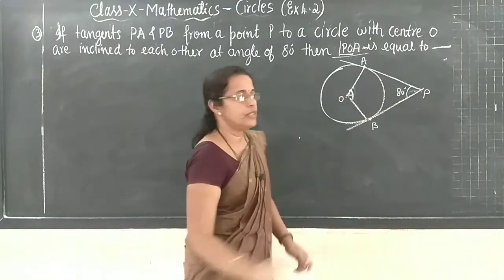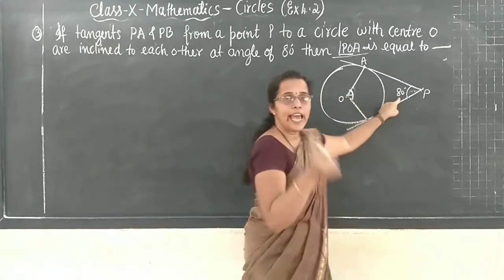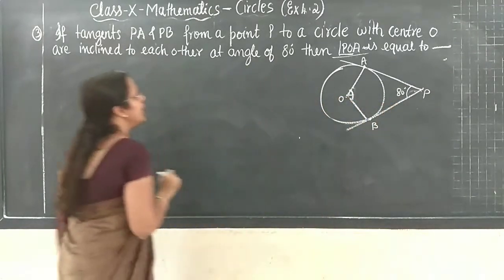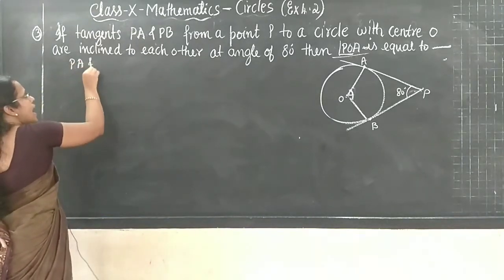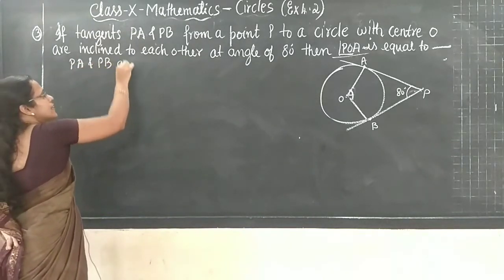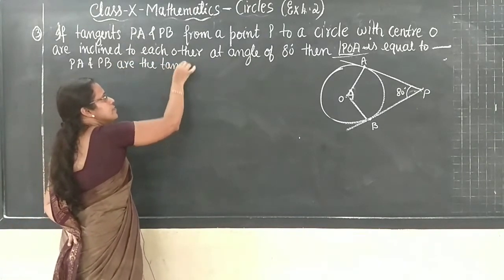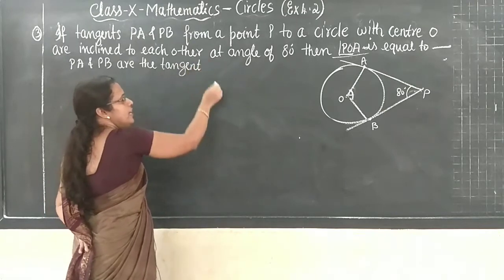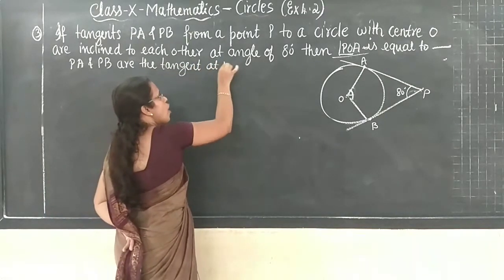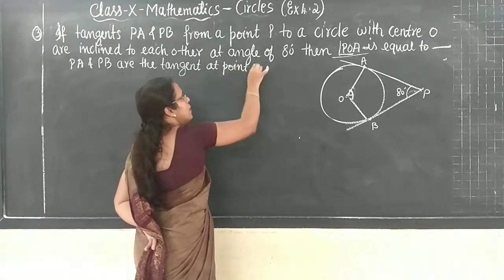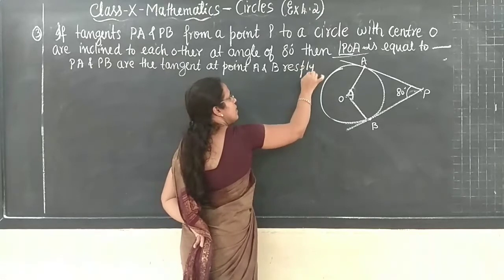See here, how can we do that? The only thing I know is that this angle is 80 degrees. So write what is given. PA and PB are the tangents at points A and B respectively.